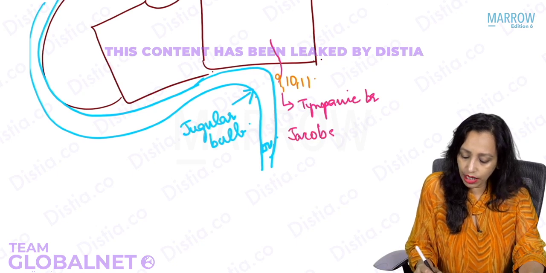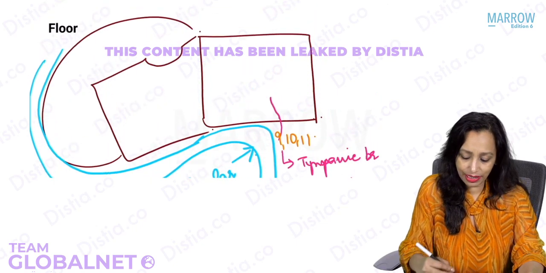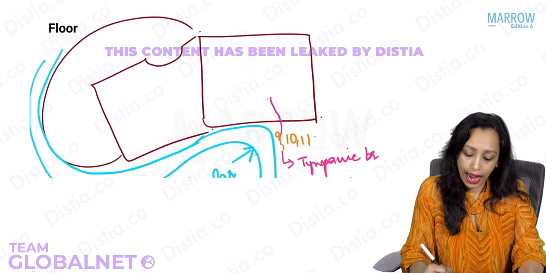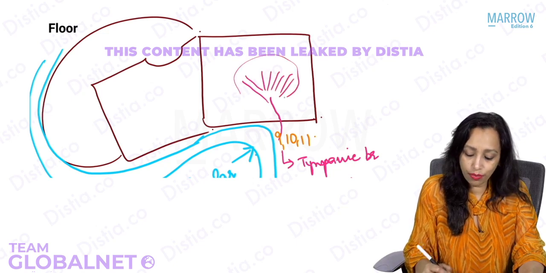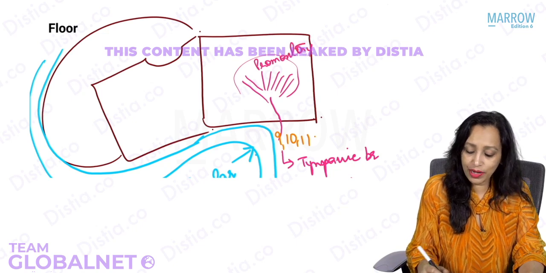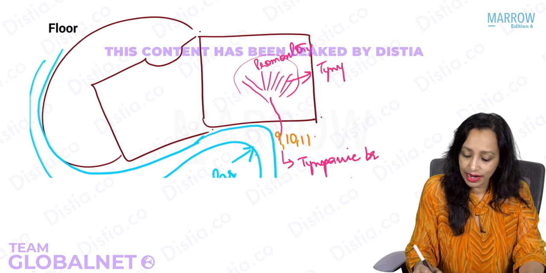It has been given a name, Jacobson's nerve, and this enters the middle ear through the floor and on the medial wall, on the promontory. It forms a plexus, and this plexus is what is known as tympanic plexus.